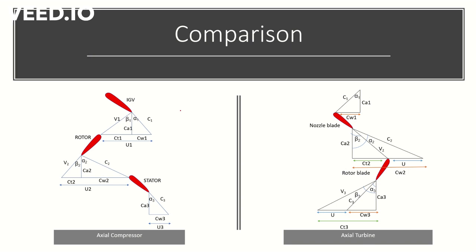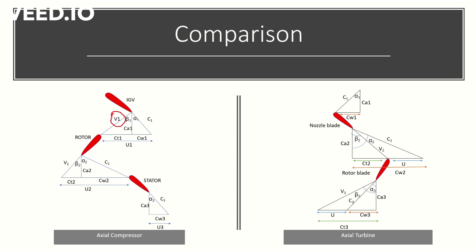Here is a small comparison between the axial compressor and the axial turbine. In the axial turbine there is no IGV, hence no relative velocity is given to the air. It directly enters with absolute velocity.